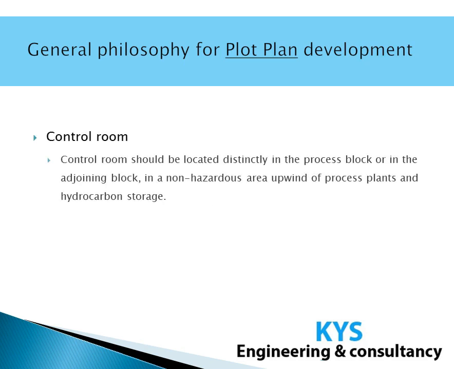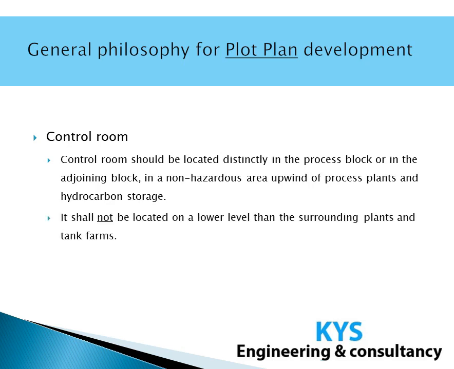Control room. Control room should be located close to the process block or between two process blocks in a non-hazardous area and upwind of the process plants and hydrocarbon storage, so that if we have some kind of leakage in the process plant and storage, the gases shall not travel to the control room.